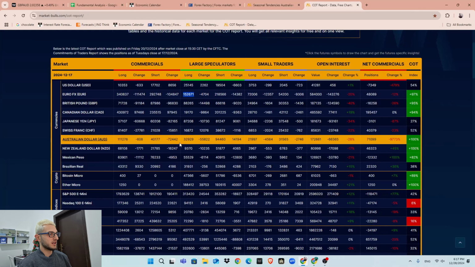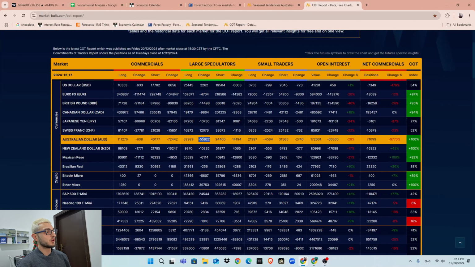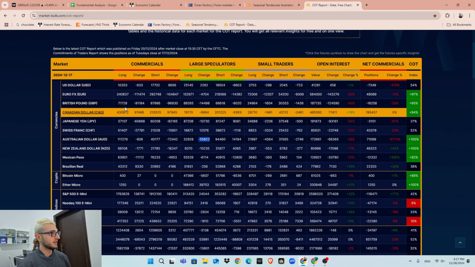Let's see the Australian dollar. A huge increase in short positions and taken out the long positions. So from a COT point of view, GBP Australian dollar is a buy signal.